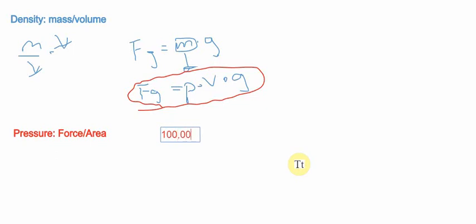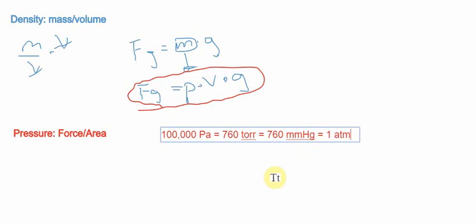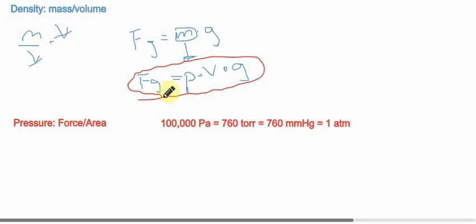So it is 100,000 pascals, which is equal to 760 torr, which is equal to 760 millimeters of mercury, which is equal to 1 atmosphere. Now, one note is when we're dealing with physics questions, we use pascals, and when we're dealing with chemistry questions, for example, PV equals nRT, or Boyle's law, we are dealing with atmospheres. So make sure you know which units you are using.